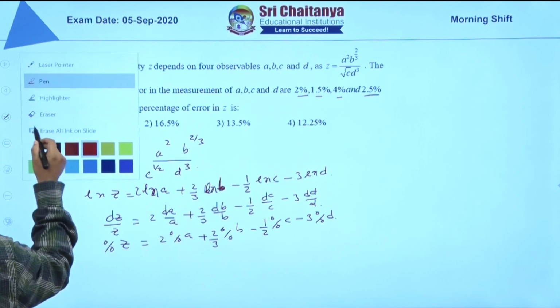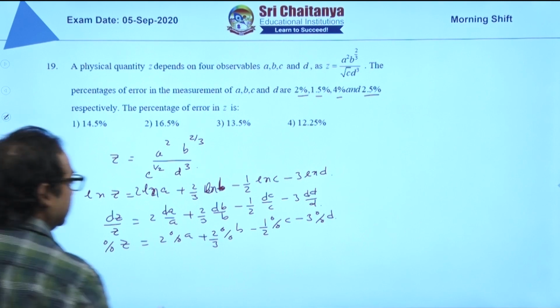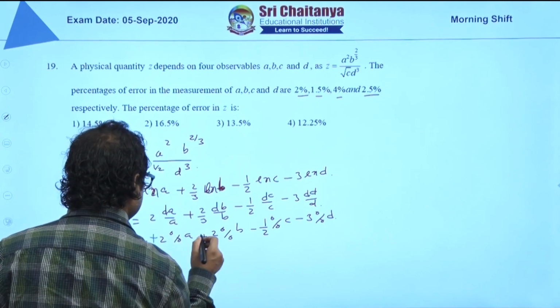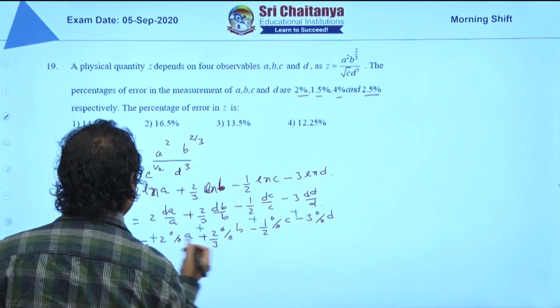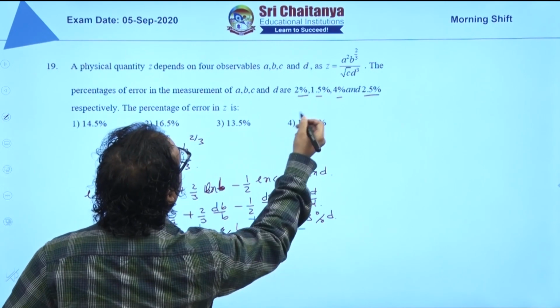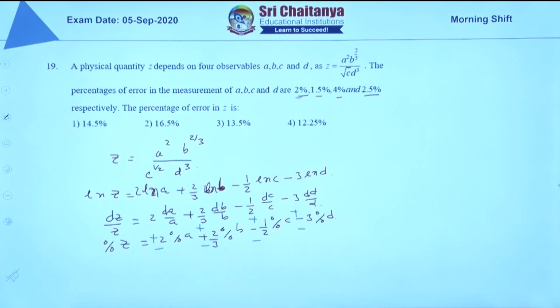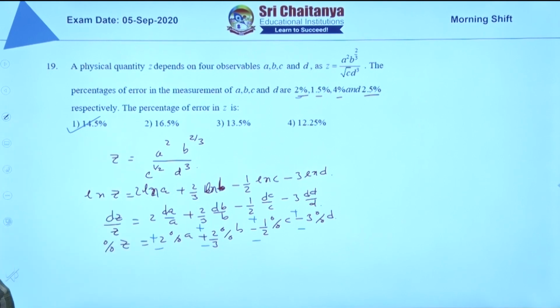So, when you want the maximum percentage change, either you take all plus or all minus. This is the procedure. All values are given. Just put them in. So, you will get the answer 14.5.